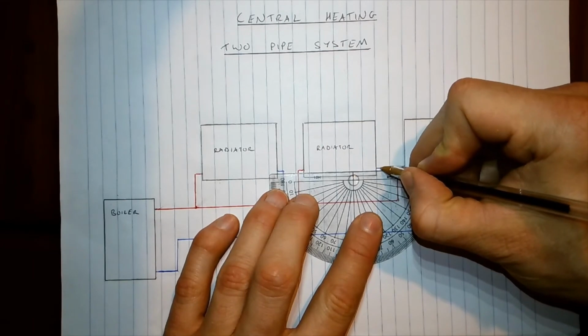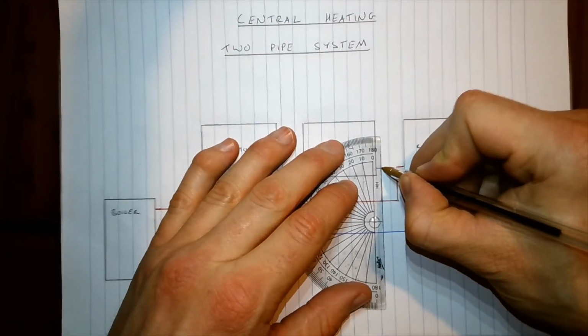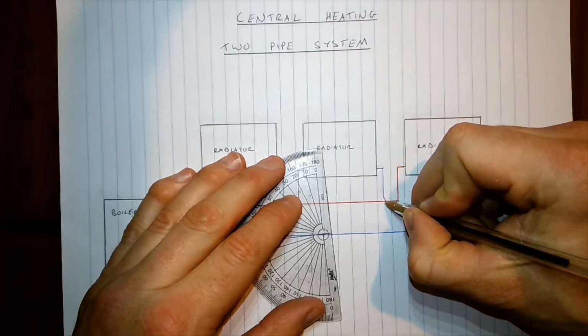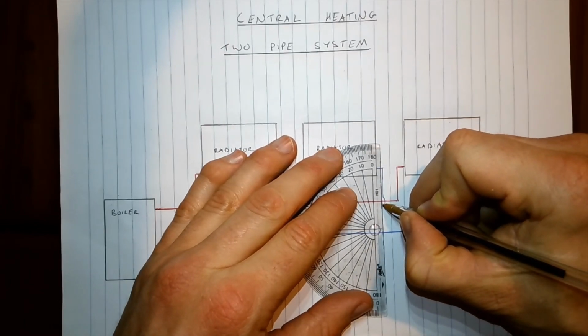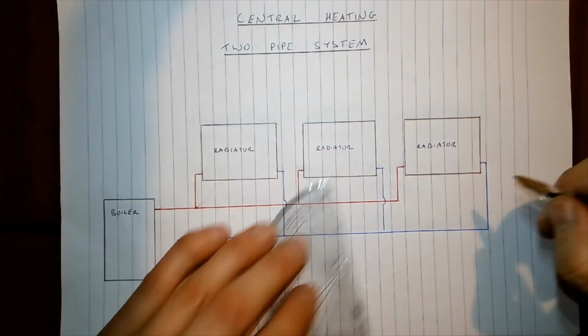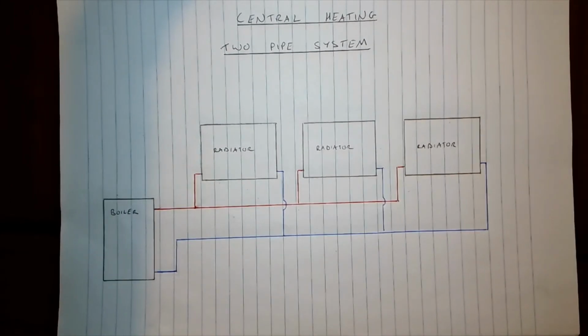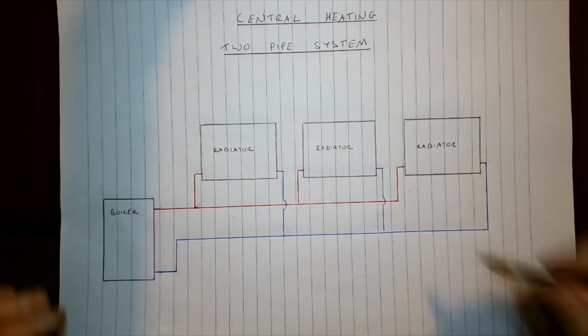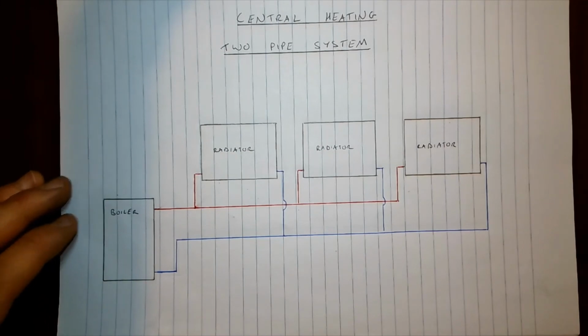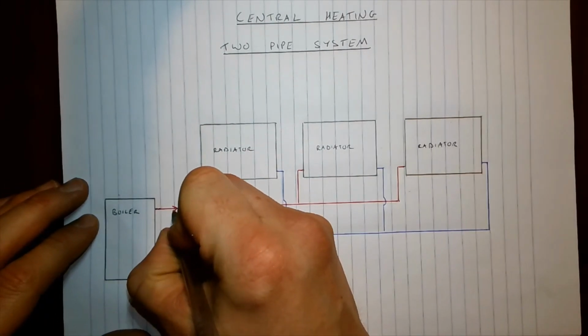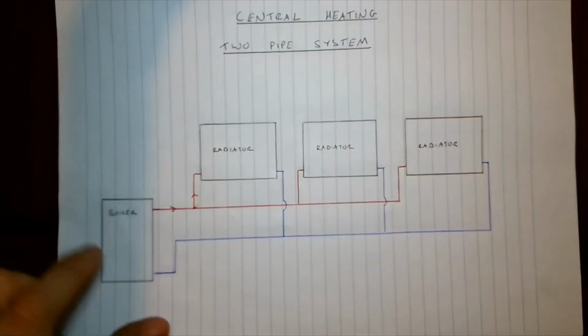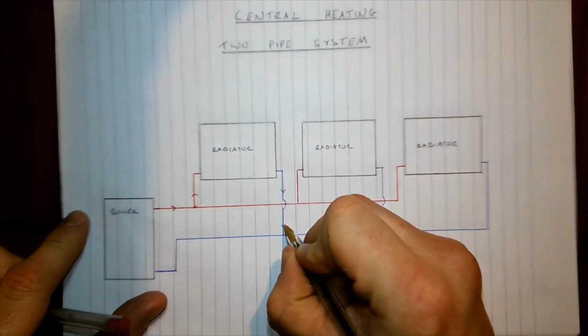Same here, down, around, and straight back in to be reheated. If there's a 4th, a 5th or a 6th radiator, which there more than likely would be in a house, they're all bypassing that and helping that system work. So your hot water comes out, cold water, and the cooler water runs down.